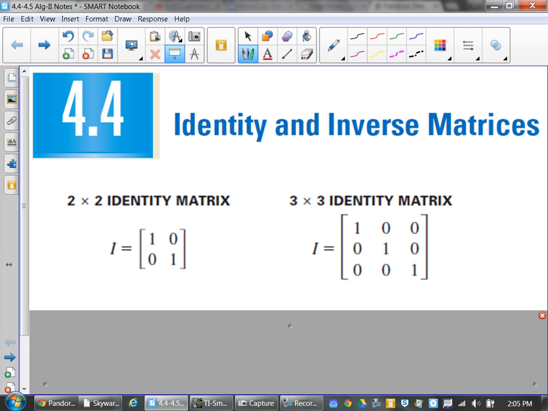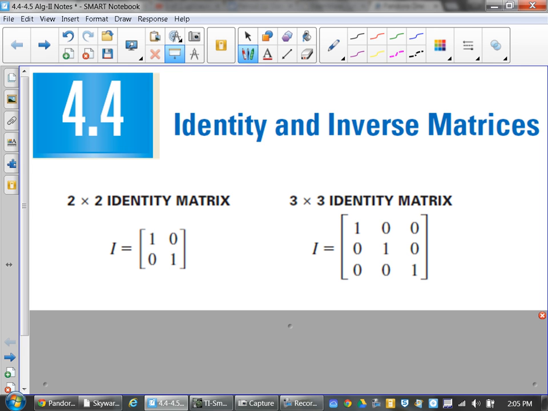In this class, it's called I for identity. The ones are always going to be on the largest downward diagonal. So if it's a 2x2, you'll have two of them here. If it's 3x3, you'll have three of them. Every other entry of the matrix is always going to be a 0. It's called I because it's called an identity. It's a capital I, so don't confuse it with the imaginary i.